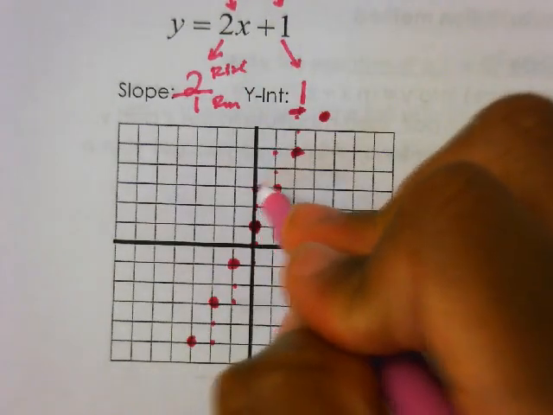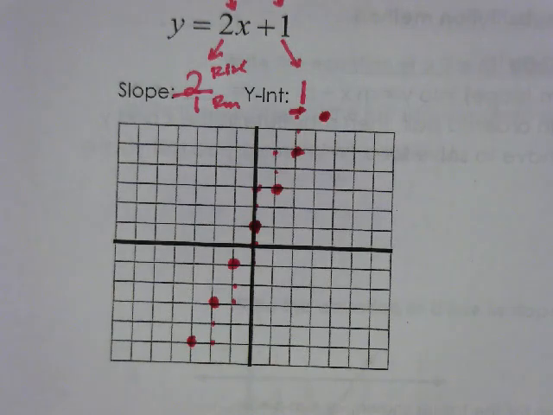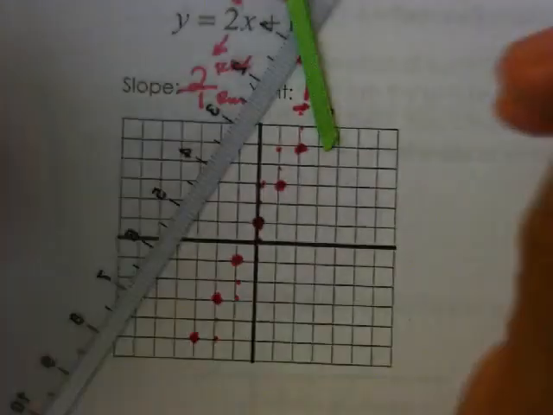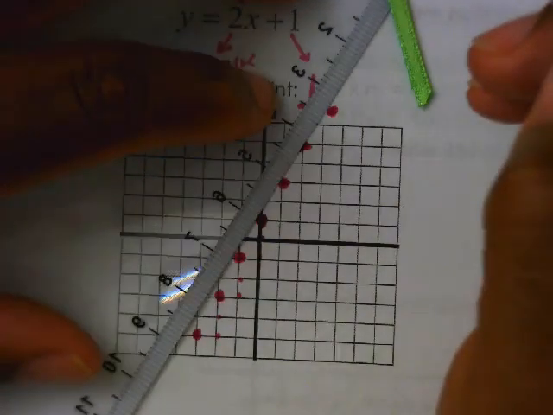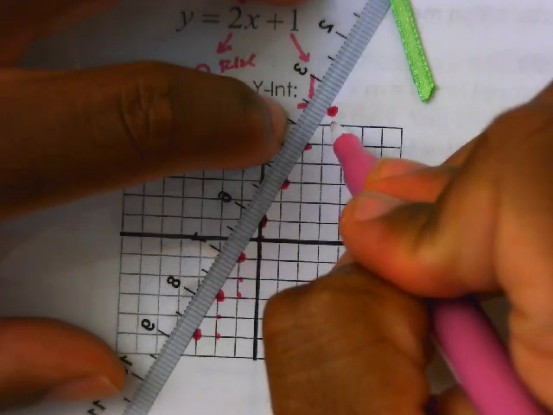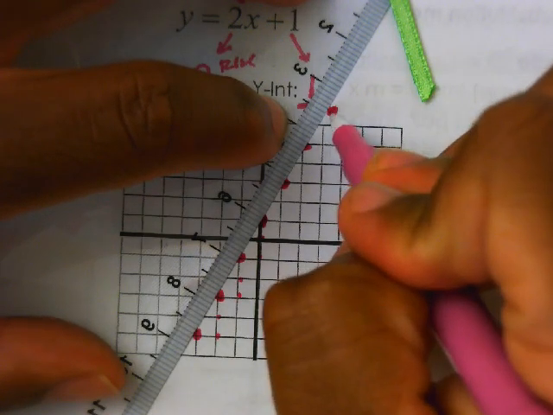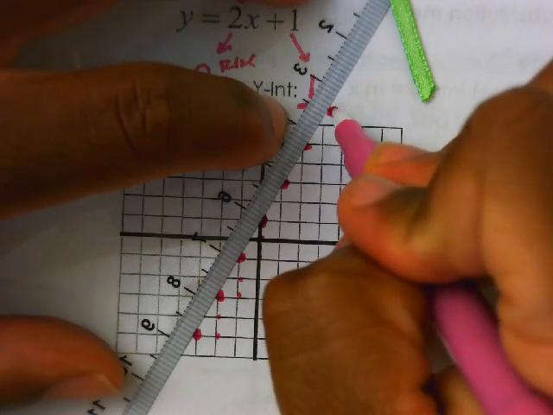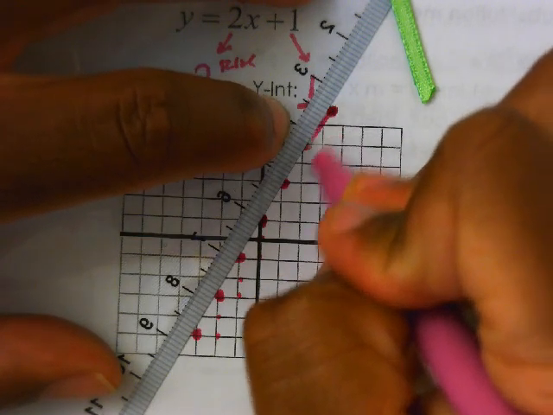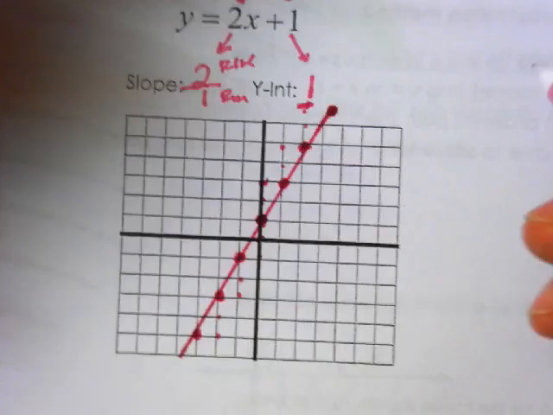And then I went over 1 because that's my run. So now I have the line. So I can connect the dots, and now we have our line.